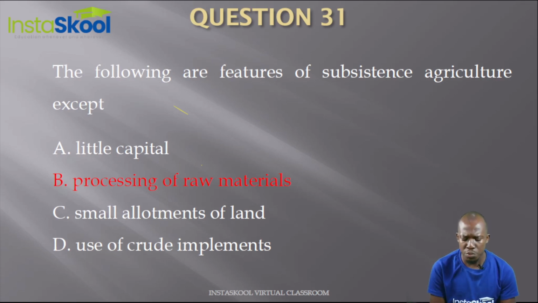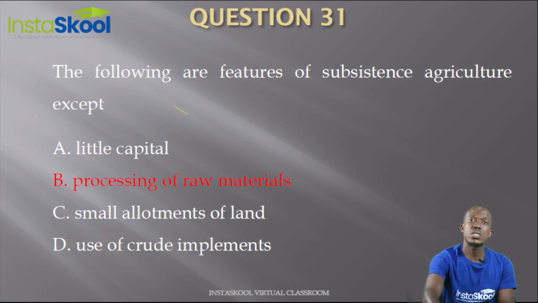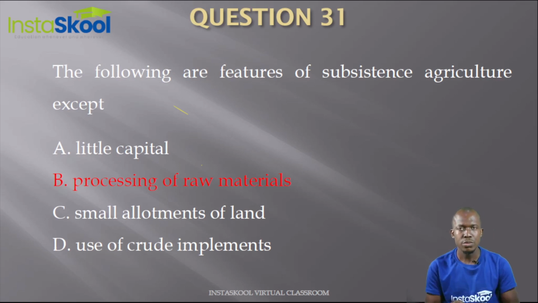Option B, processing of raw materials. No, that's not. But let's see other options. Small allotments of land. Yes. And option D, use of crude implements. Yes. So the odd item is option B, the processing of raw materials. Small-scale farming does not engage in processing of raw materials.